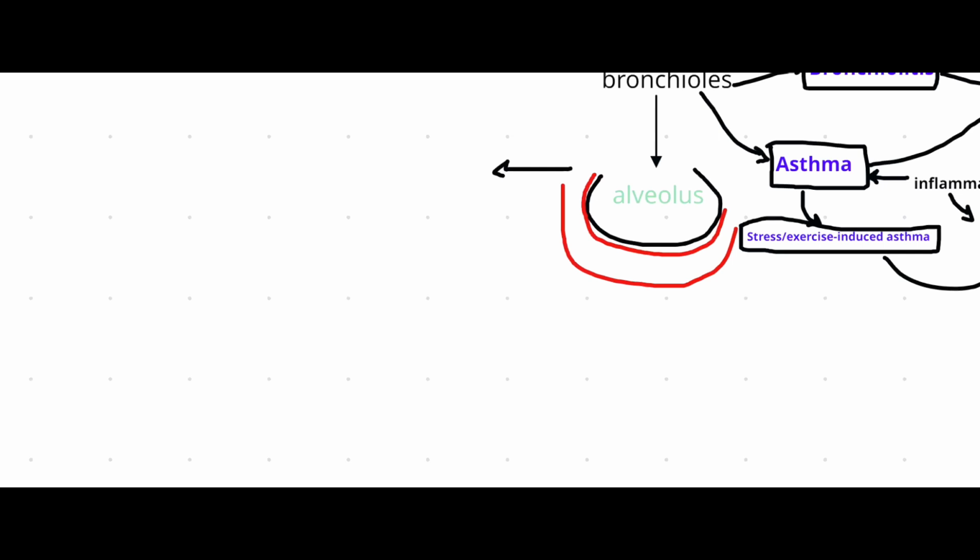Again, that's infectious, right? And that infection is called what? Pneumonia. Very good. So pneumonia happens in the alveoli.